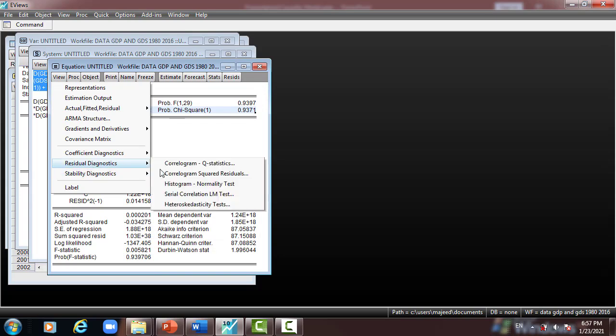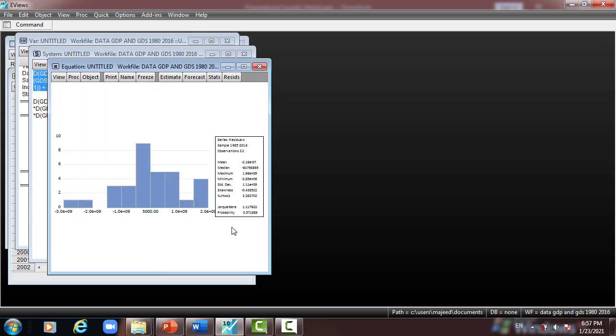Finally, we go to the histogram, and we can see the variable is normally distributed. Now everything is okay, but the problem with this model is that it suffers from autocorrelation or serial correlation.